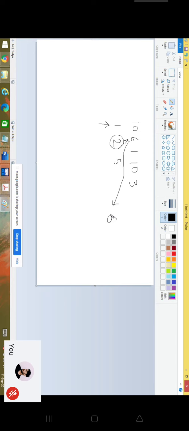Now it will be getting the energy boost. What is the amount? This particular 5. So it will be 6 plus 5, which will be 11. Clear? So that is the thing actually happening.